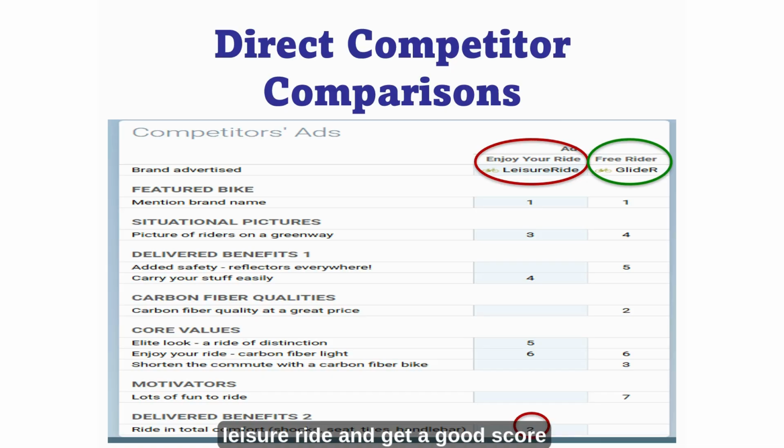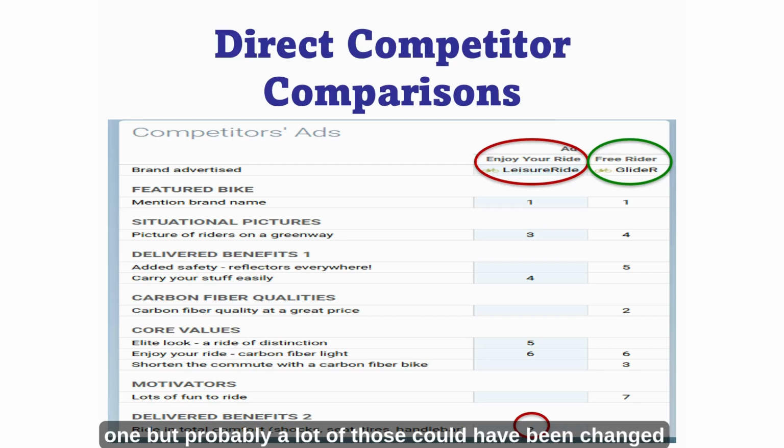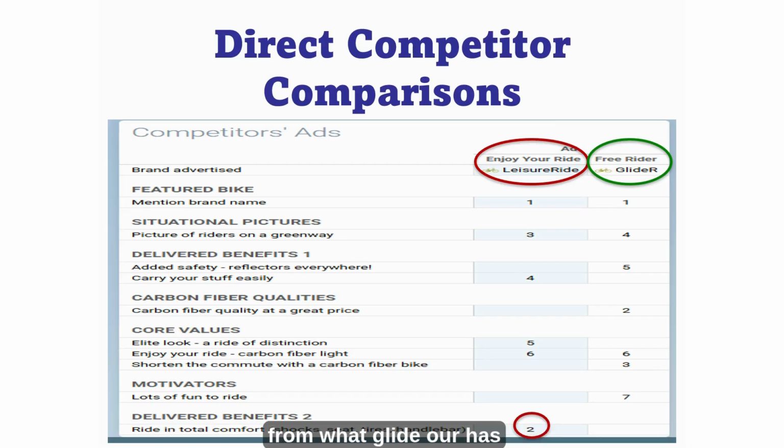And we could copy directly Leisure Ride and get a good score. To highlight what's the most important part of this comparison is the last item there, ride and total comfort. Comfort is extremely important to the recreational bike users, and that's the big one, but probably a lot of those could have been changed from what GlideR has to Leisure Ride.